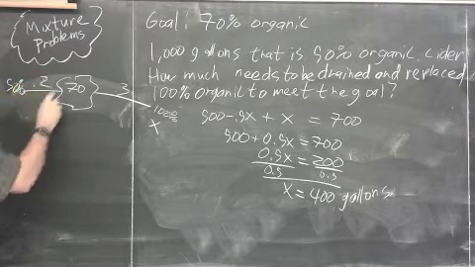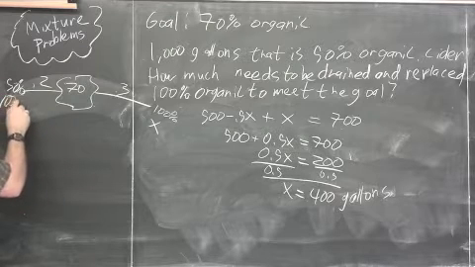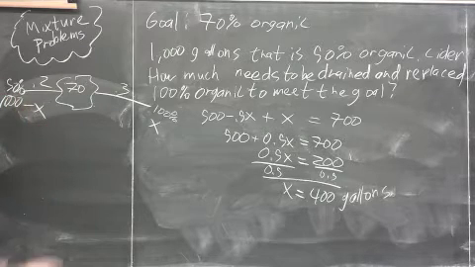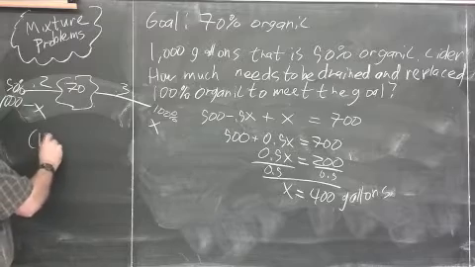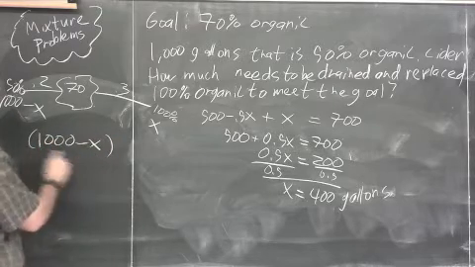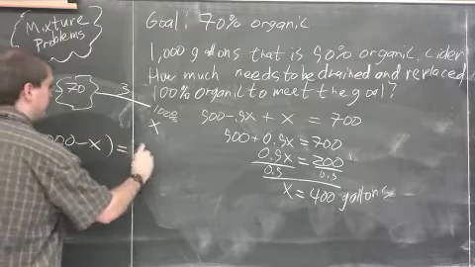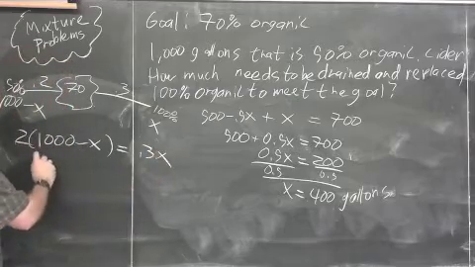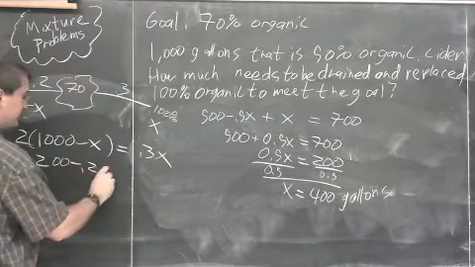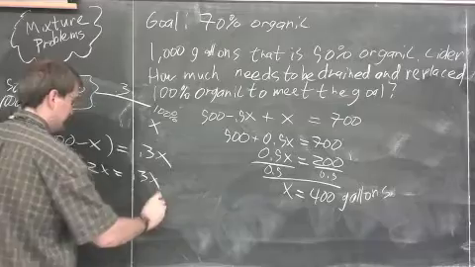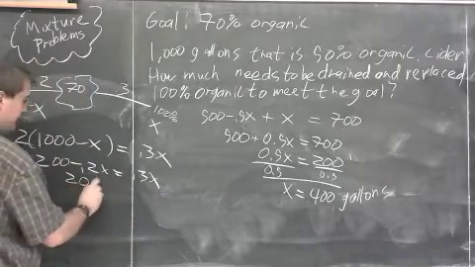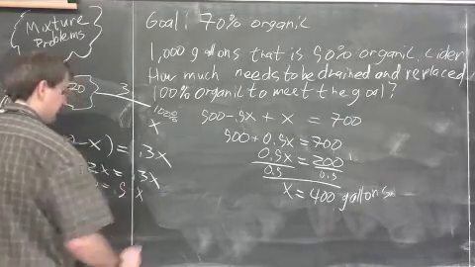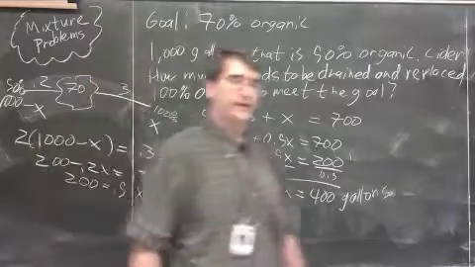It's a distance of 0.2. That's 1,000 minus X. So 0.2 of 1,000 minus X equals 0.3 of X. 200 minus 0.2x equals 0.3x. Add 0.2x to both sides, you get 200 equals 0.5x. And then that's the same thing as what we have over there.